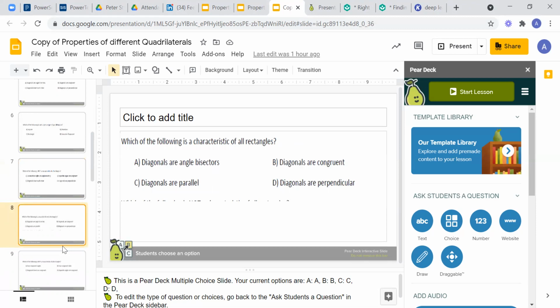Which of the following is not a characteristic of all rectangles? Oh, A, diagonals are angle bisectors. Yes, diagonals are congruent in a parallelogram, so A is not. In a rectangle, are diagonals not congruent?